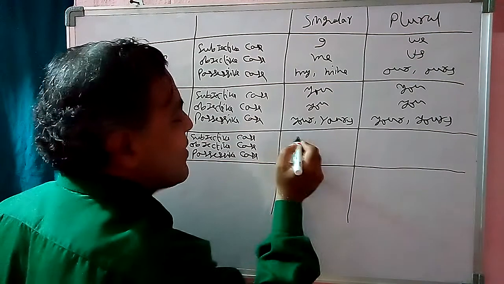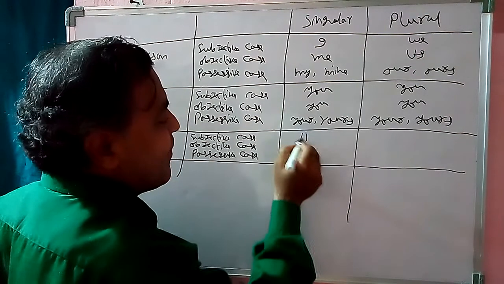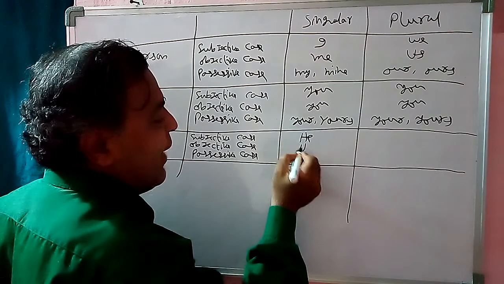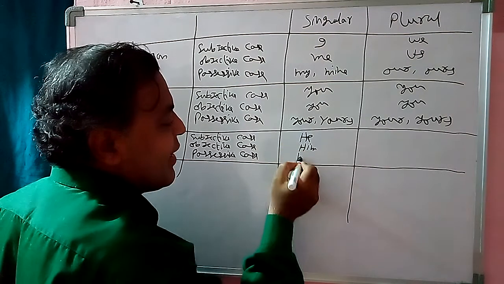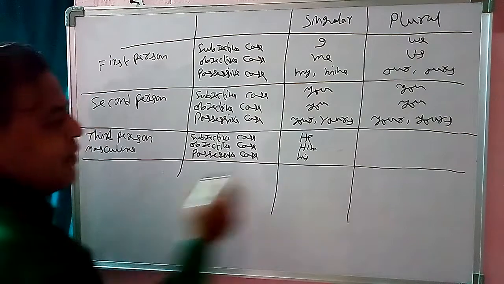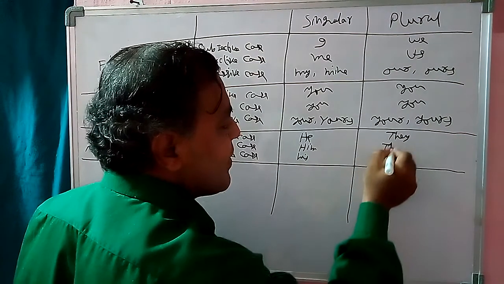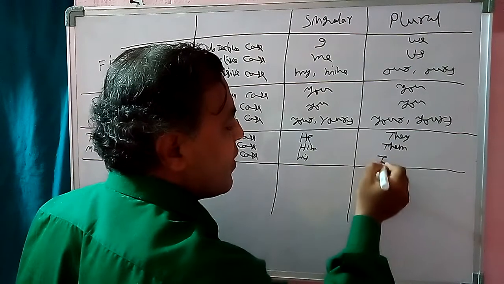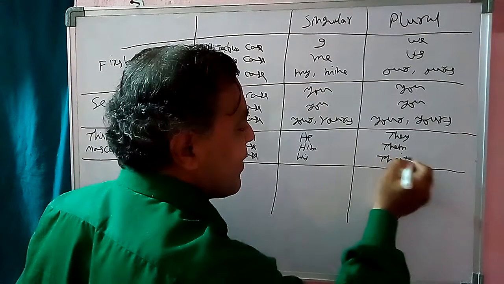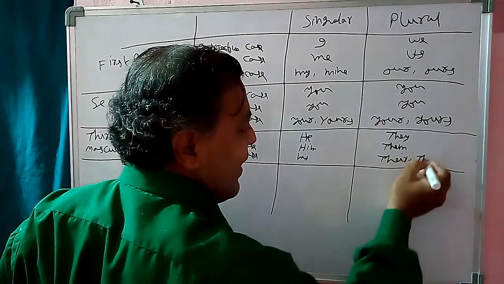Subject case, singular: he, him, his. Plural: they, them, their, theirs.